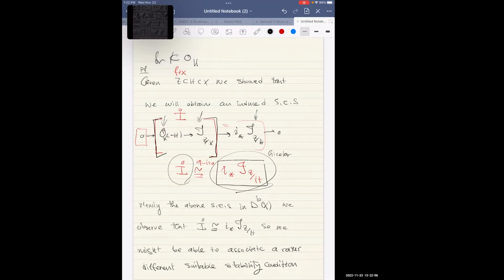There is an object in the derived category with that representation given by O of X twisted by minus H going to I of Z in X. And this being an object in the derived category can come with different stability criteria. The one we are going to choose is the Joyce-Song stability. Joyce-Song stability is a stability condition for sheaves together with sections. You see, O to F is a section.